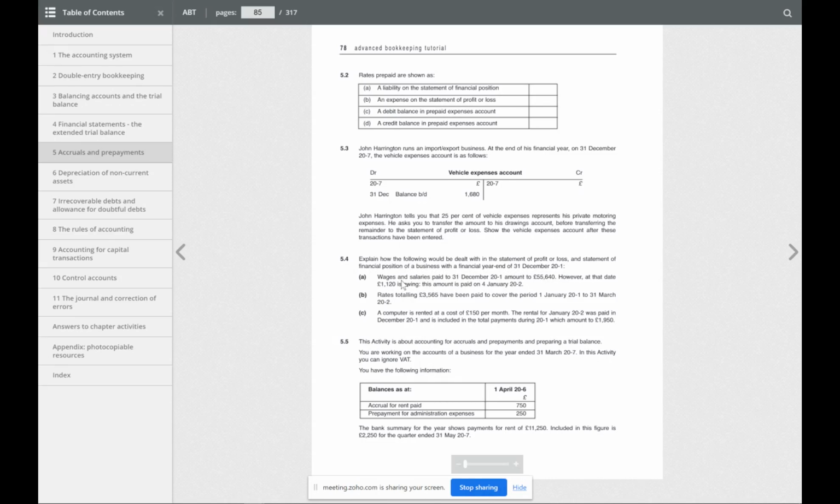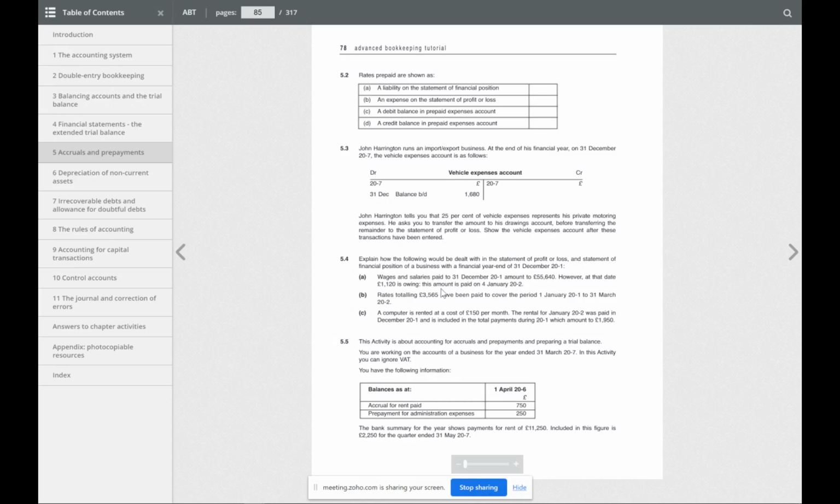And credited as a liability in the statement of financial position. So the answer says expenses in the statement of P&L account of 56,760. So it will add up: in the P&L account, we will show 55,640 plus 1,120, which is 56,760.